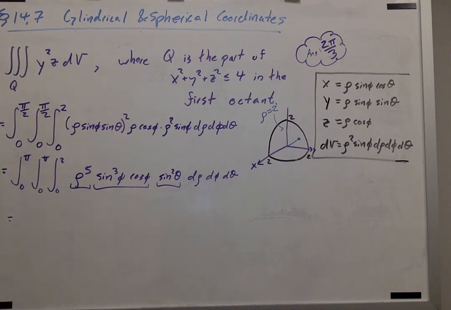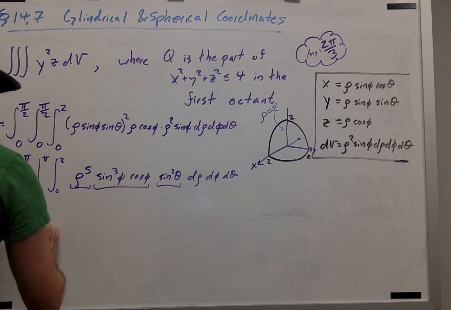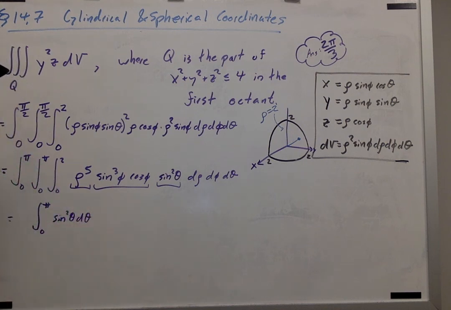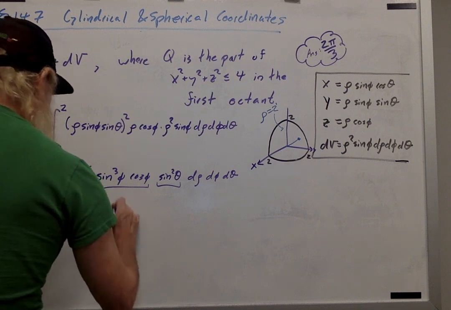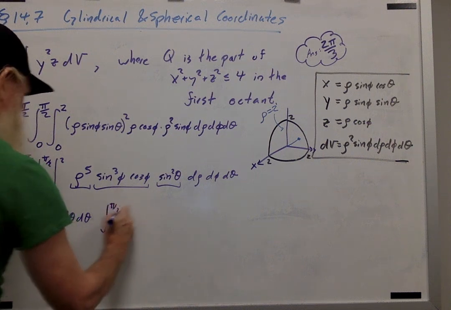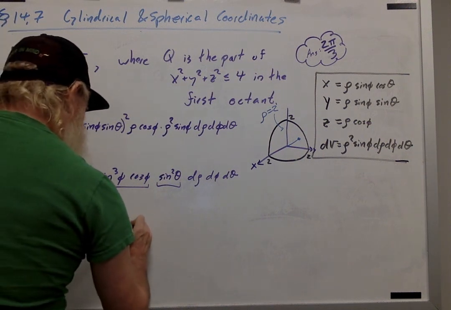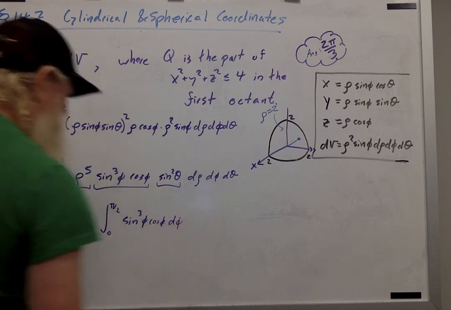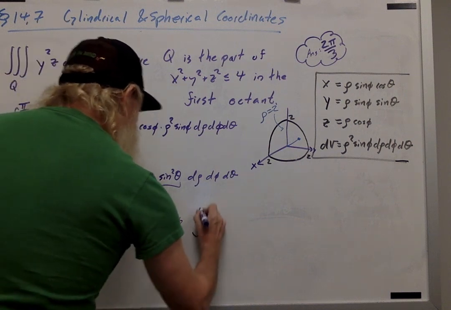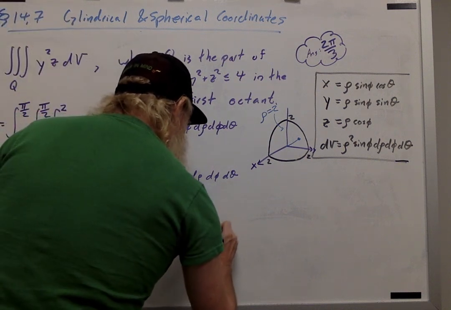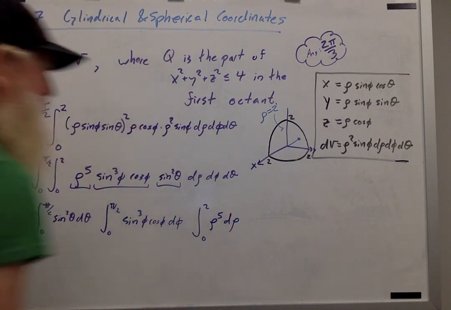So I can factor this as the product of 3 different integrals. It will be the integral from 0 to pi over 2 of sine squared theta d theta, multiplied by the integral from 0 to pi over 2 of sine cubed phi cosine phi d phi, times the integral from 0 to 2 of rho to the 5th d rho.